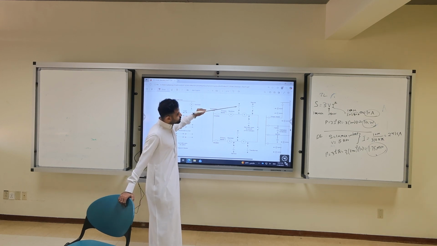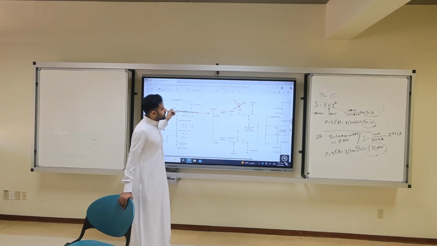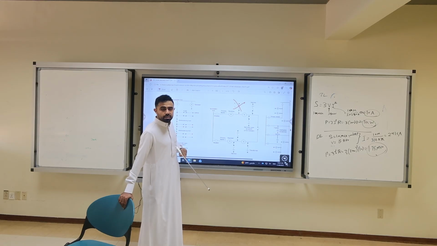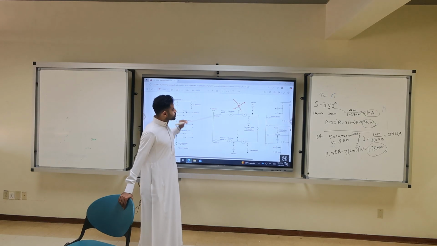This transformer is what? From primary distribution to secondary distribution. Okay, that's why we have a transformer. Let's say we have a fault here. What will happen? Electricity will go here. This will be open, and this will be open. What will happen now is we have isolation, so no electricity is flowing from here.